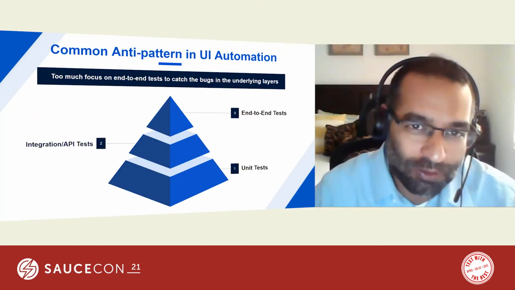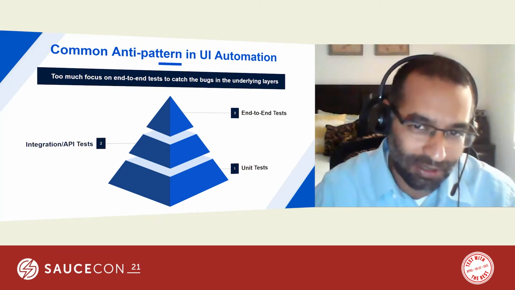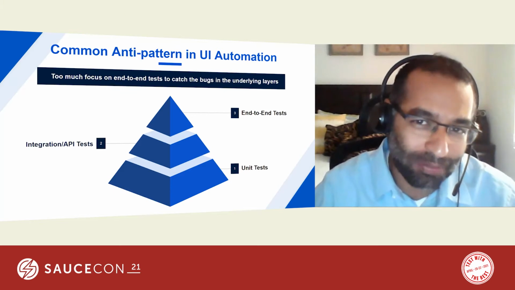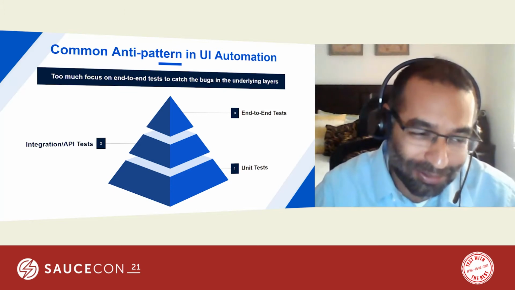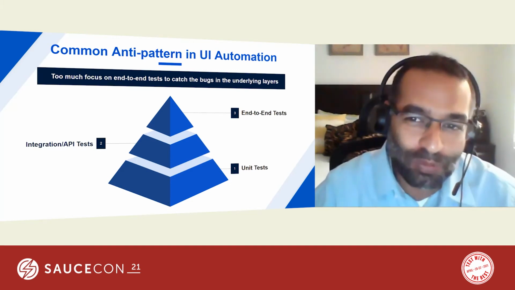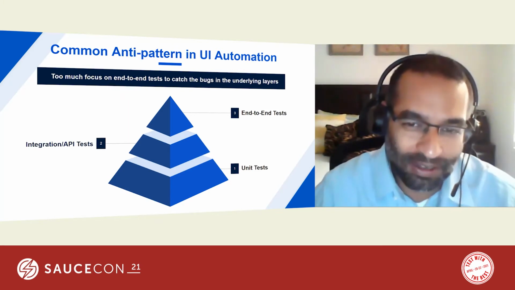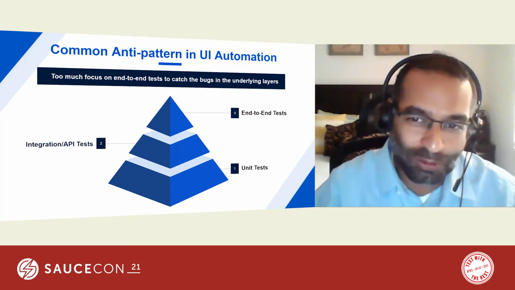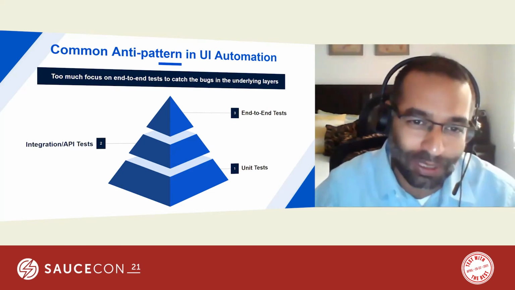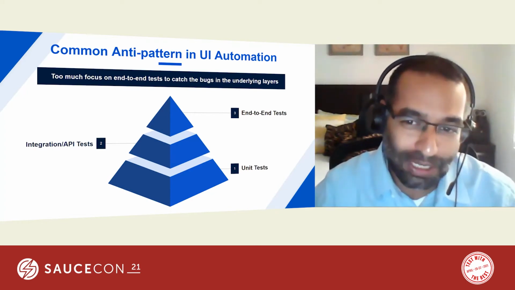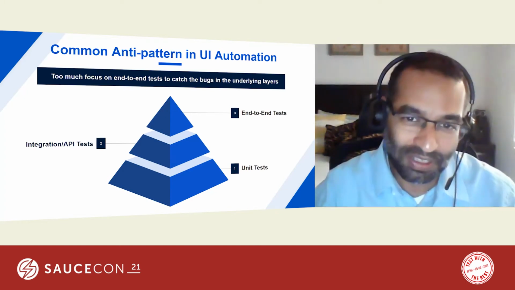What I have seen working in industry for quite a number of years is a common anti-pattern, or what you'd call a bad practice. I would say anti-pattern, though you can loosely still call it a bad practice also. It is too much focus on end-to-ends. What management sometimes wants from a tester like myself or the tester community is to write end-to-ends to cover scenarios which should be covered by the API tests or unit tests underneath.